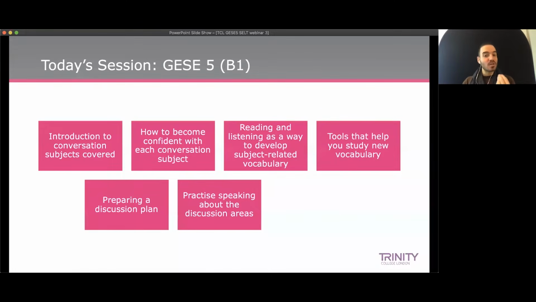Then a little bit of practicing speaking about the different subjects and how we can do that when we are at home. And finally, we will look at a tool that will help us focus on pronunciation. So that's the menu for today. We have a lot to cover. I hope you're ready. Let's start.